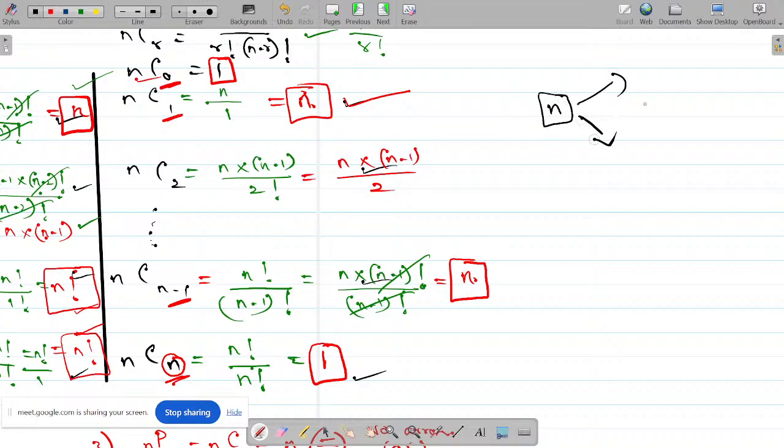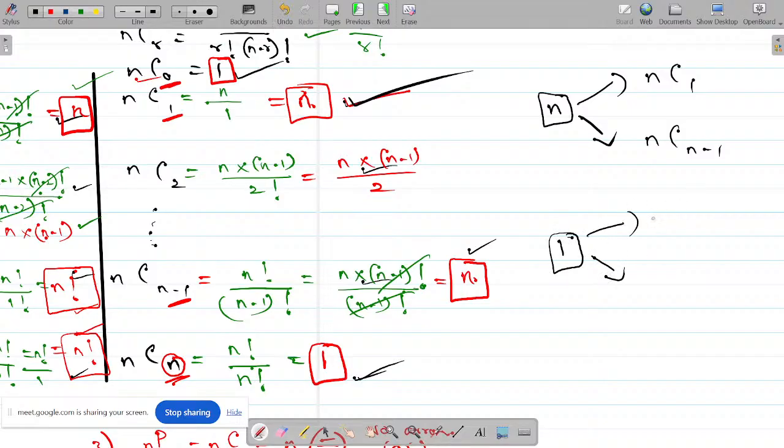For two values of R, I'm getting N. Then this one, NC1, and this one, NC N minus 1. And also, I'm talking about this one. For two values, I'm getting 1. Yes, this is NC0 and this is NCN.